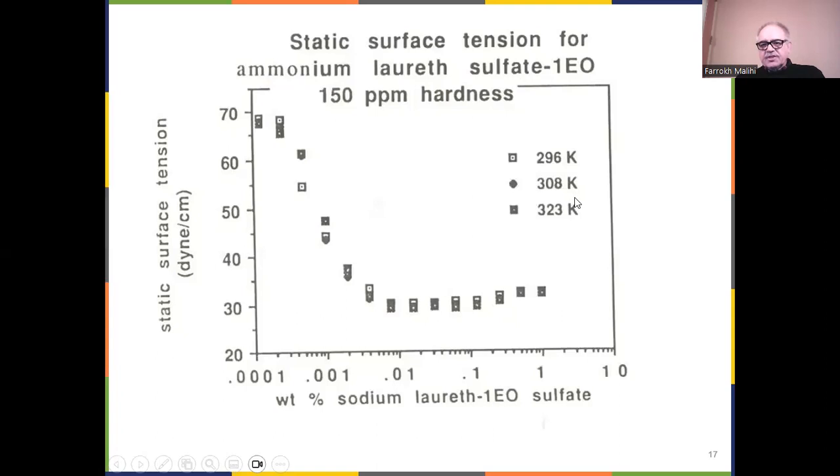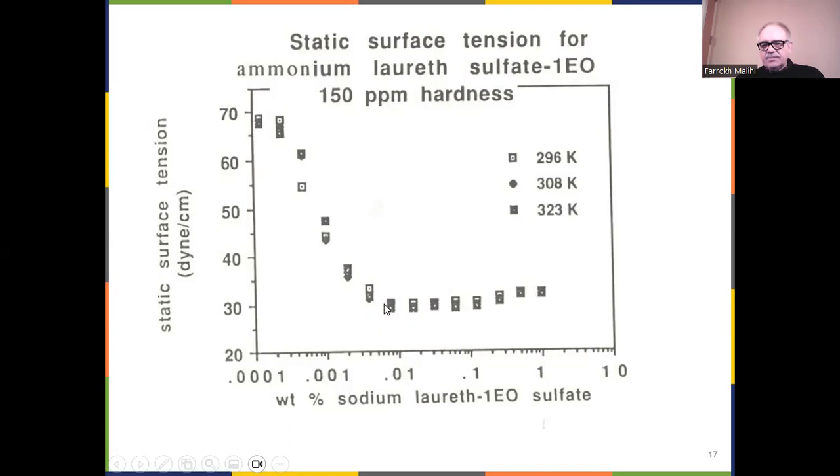This is now measured at different temperatures, and it can be measured at different water conditions. As you see here, the concentration covers a wide range from 10 to the minus 4 percent to 1 percent.